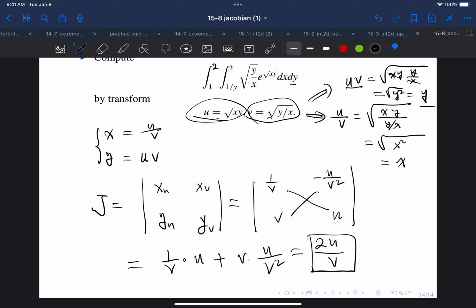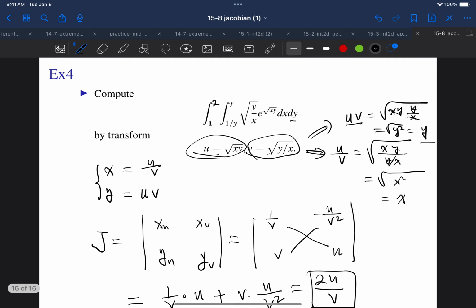Now we look at the boundary. So we have 4 curves. What 4 curves do we have? The first curve: the x upper limit is y. The second: the x lower limit is 1 over y.